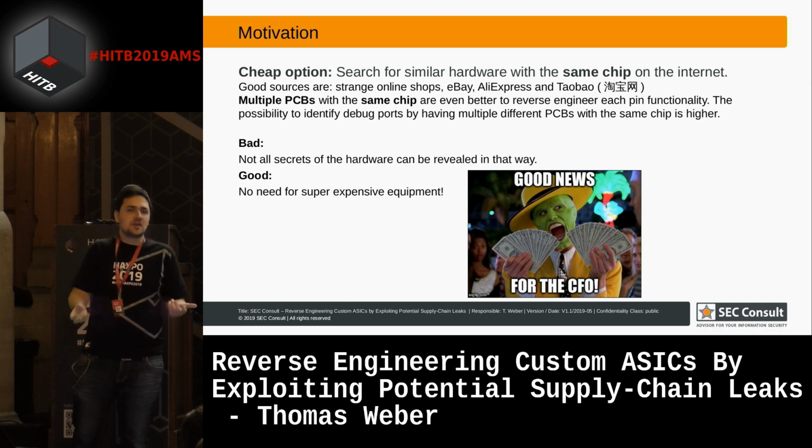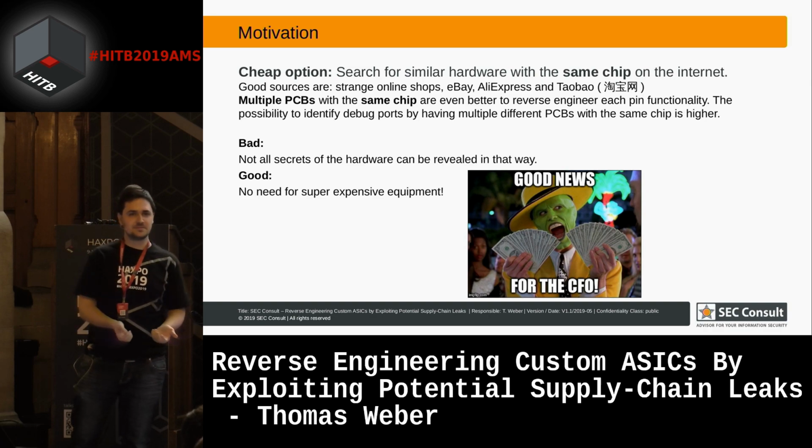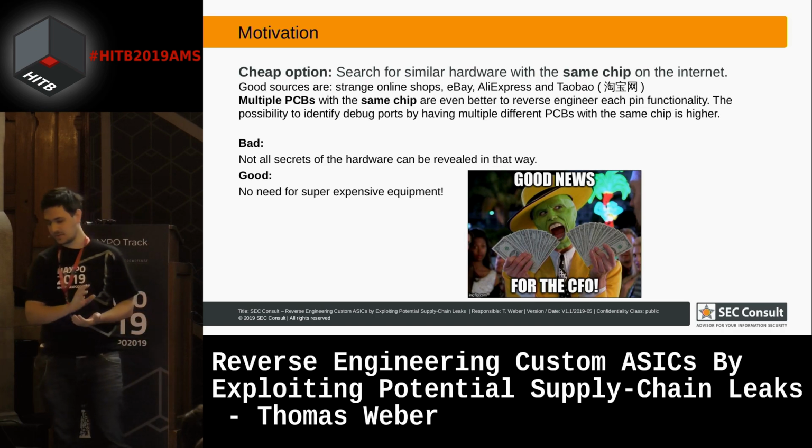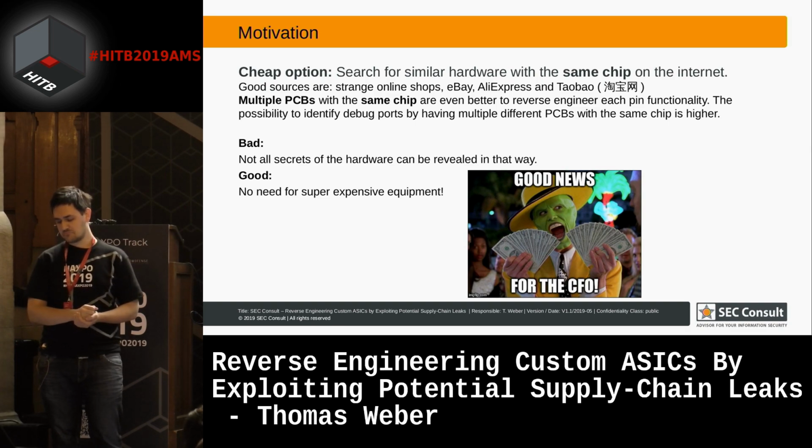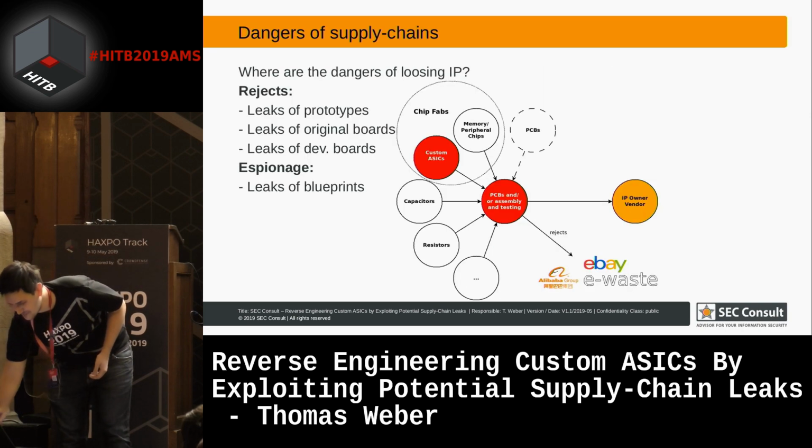You can buy a lot of PLCs, but it's expensive too, $260 or something like that. So I just hunted for such PCBs on Taobao and AliExpress and so on. That was good news for our CFO, because it was cheap and he was happy.